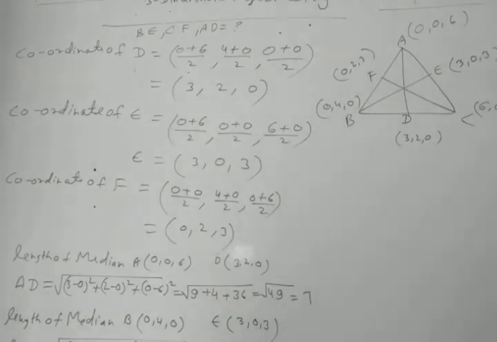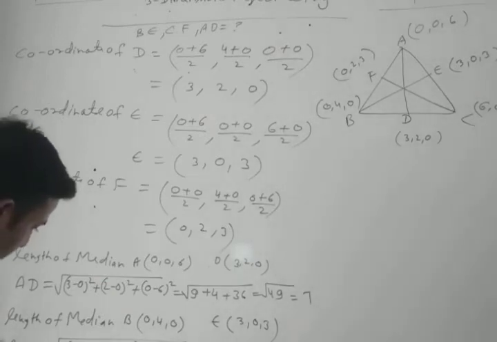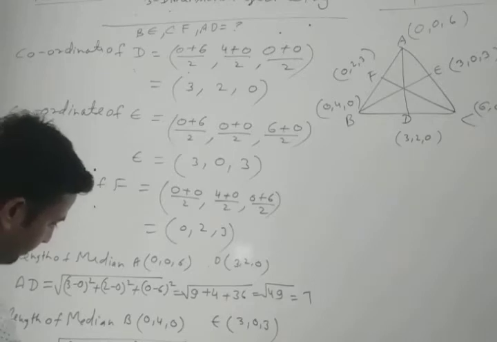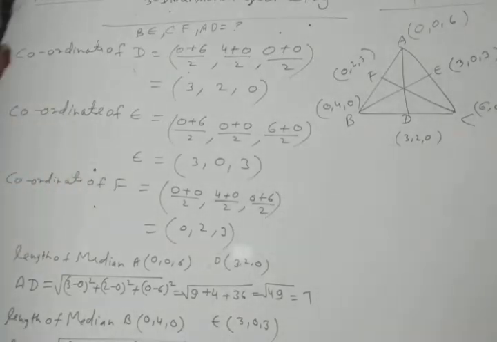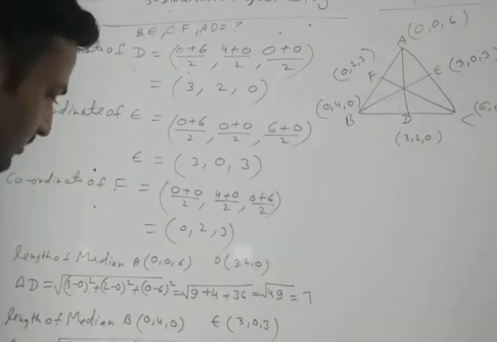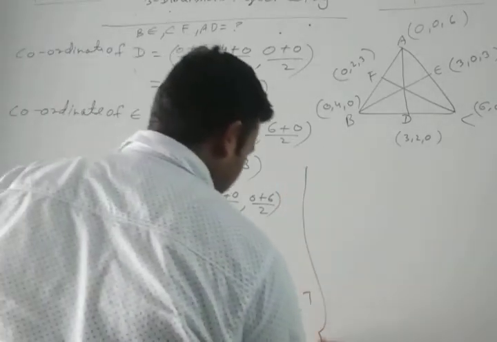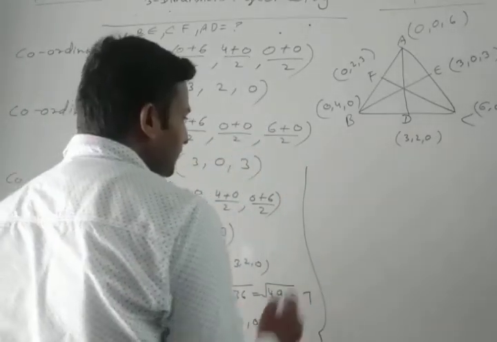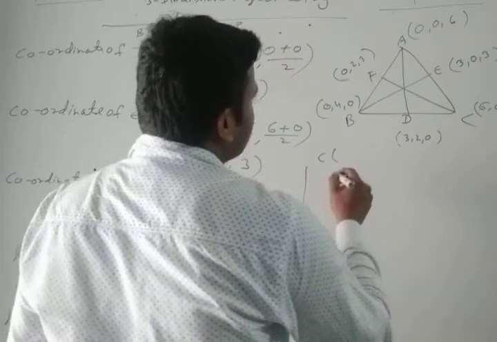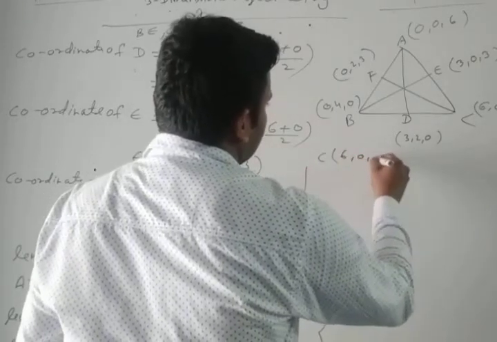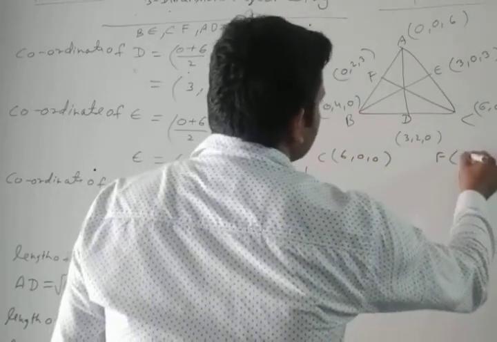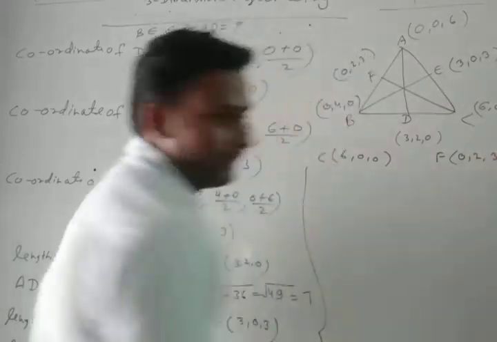Now again, the length of CF, the length of median CF. The coordinate of C is (6, 0, 0) and F is (0, 2, 3).